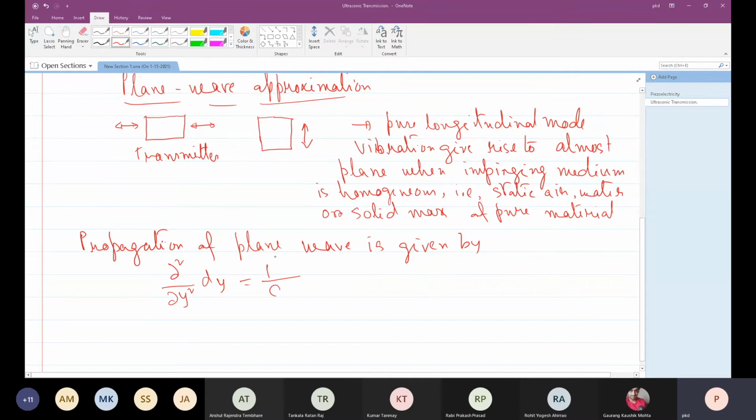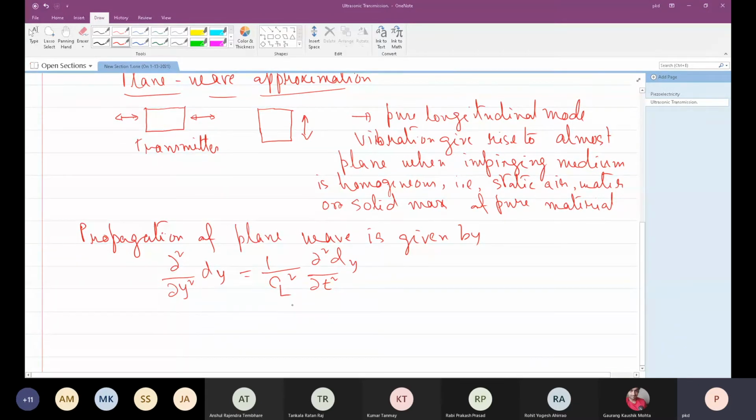So that can be tension, compression, or also it can be shear. So the rate of change, spatial change, need to be equated to the temporal change with the velocity.